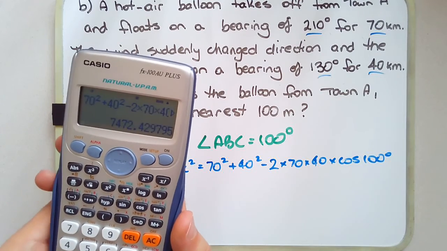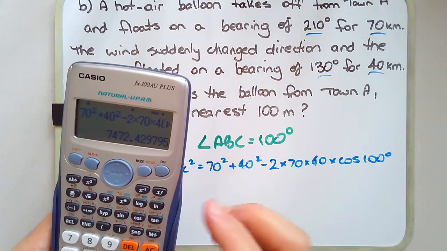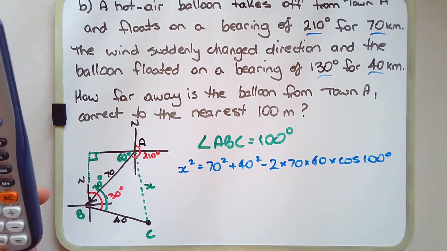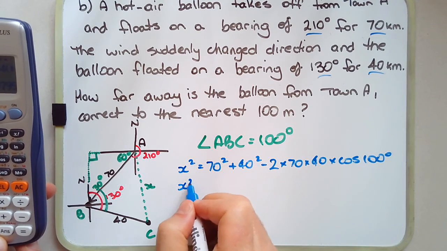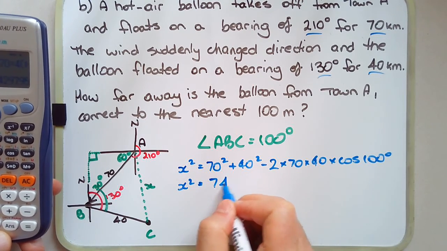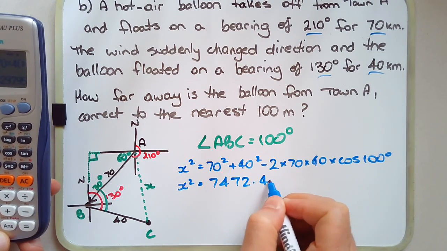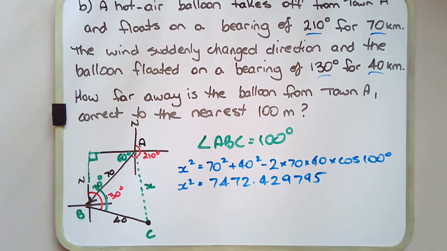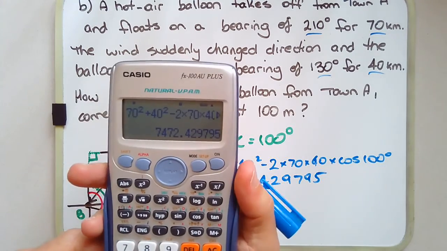We get 7472.429795. There's one more step. So x squared is equal to 7472.429795. Again, I'm not rounding until the very end. So now we need to take the square root of that answer.